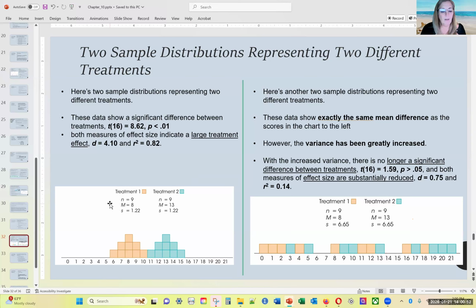Each one had a sample size of 9, and they also have a standard deviation of 1.22. Treatment 1 had a mean of 8 and treatment 2 had a mean of 13. And both measures of effect size indicate a large treatment effect.